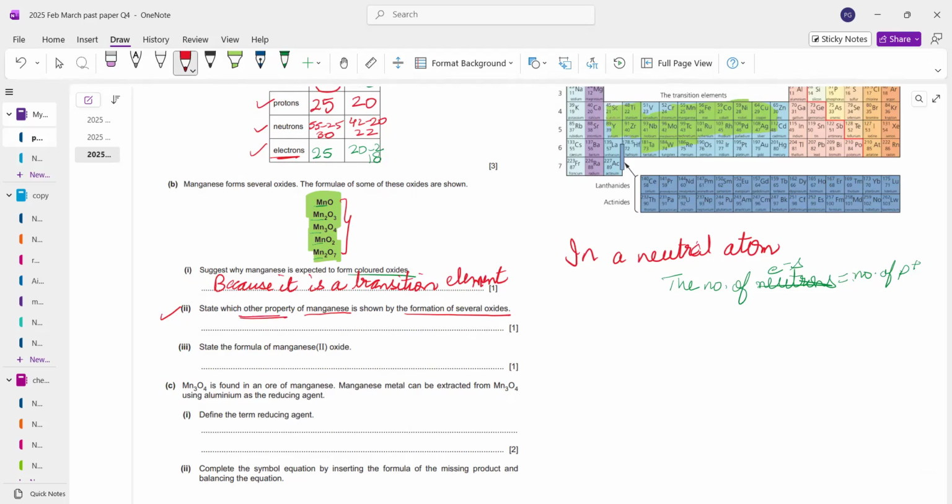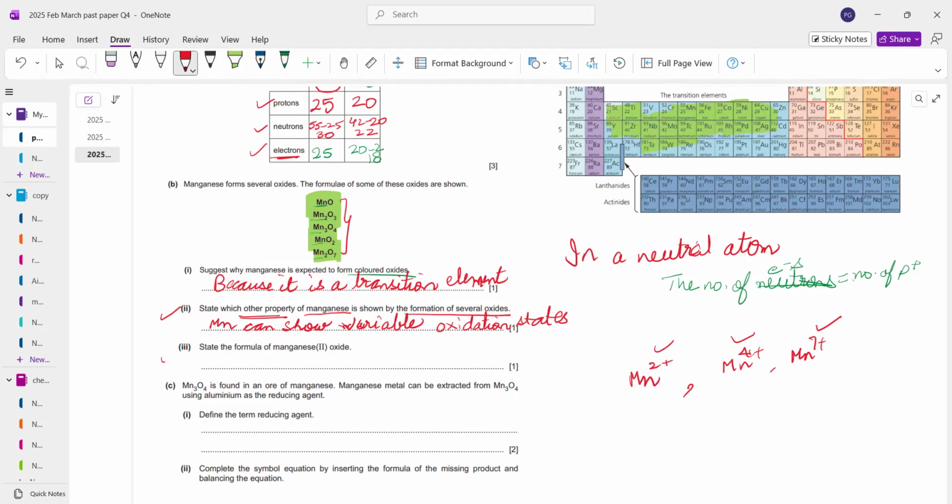So, the other property they are talking about is that manganese can show variable or multiple oxidation states. Now, just to make you clear what oxidation states are, you must have seen written like Mn2 plus, Mn4 plus, or Mn7 plus. These charges that we write here are called oxidation states.